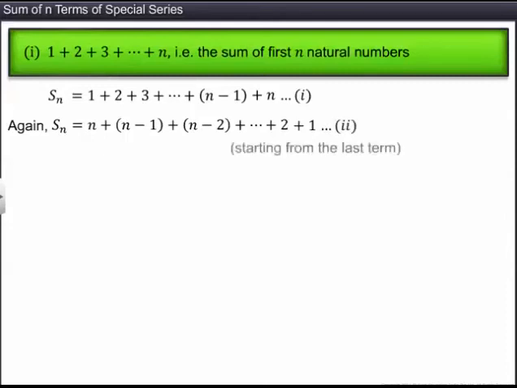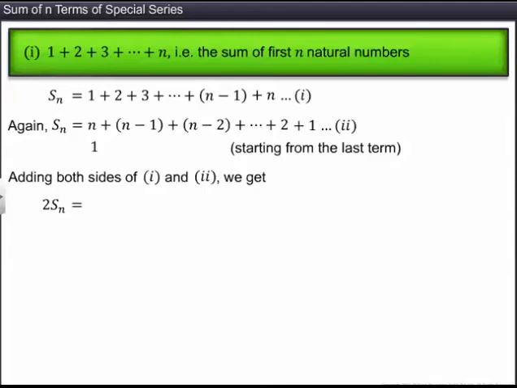Adding both the sides of equation 1 and equation 2, we get 2 times Sn is equal to 1 plus n, plus 2 plus n minus 1, plus 3 plus n minus 2, plus and so on up to n minus 1 plus 2, plus n plus 1.